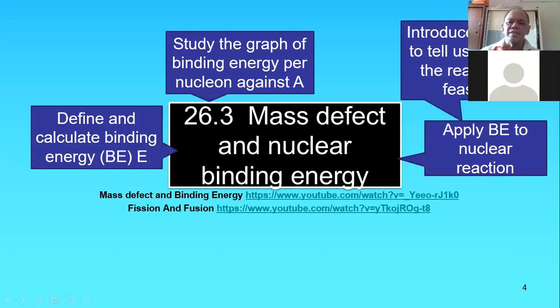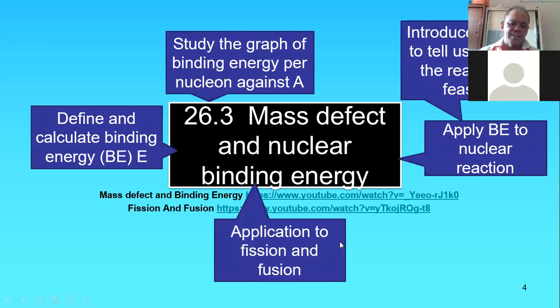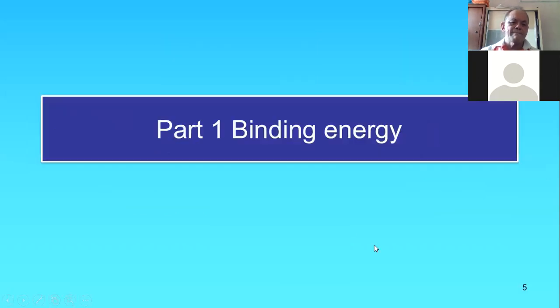And we introduce the Q value, right? It tells us whether the nuclear reaction is feasible, and the application to fission and fusion. Okay, we divide into two parts. Part one is binding energy. Part two, we apply it to nuclear reactions.